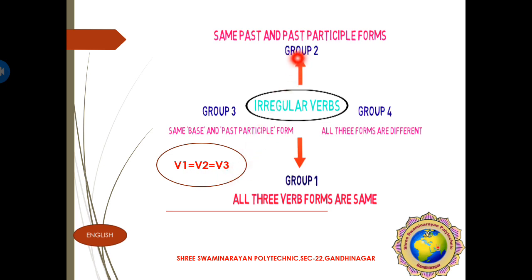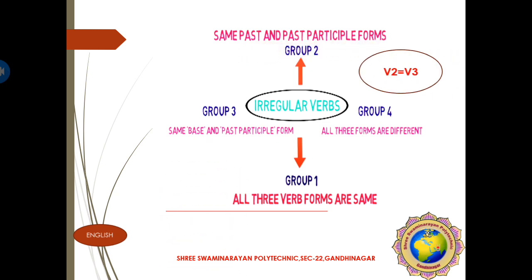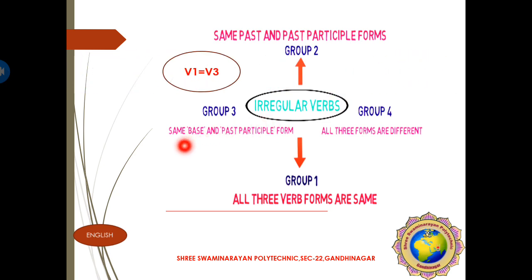Now group 2 is where the past and past participle forms are the same. It means V2 is equal to V3. So in group 2, the past form and past participle form are the same, and the base form is different. Now group 3 has the same base and past participle form.